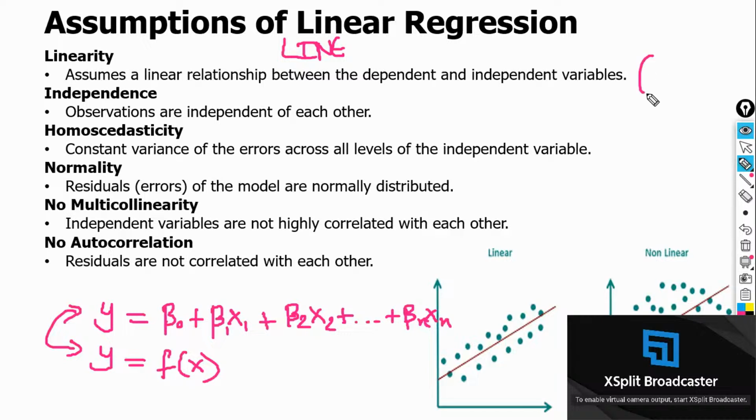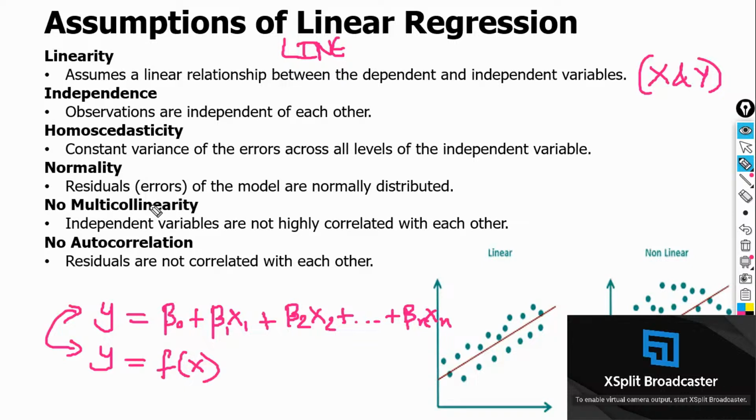So between x and y, there is a linear relationship. Then I, independence. All the records that we have in the data should be independent of each other. Observations represent the records.